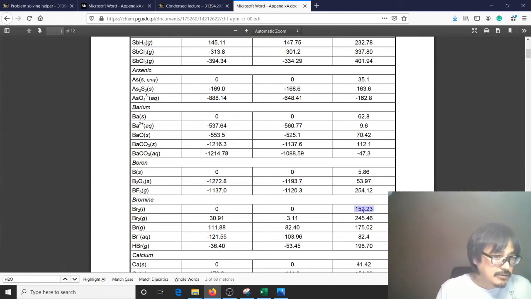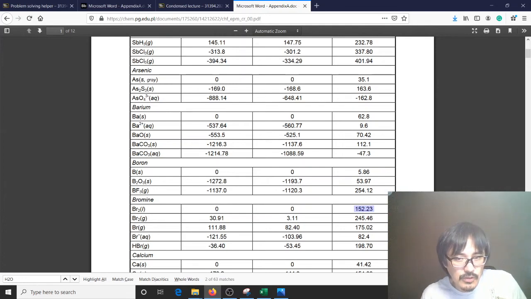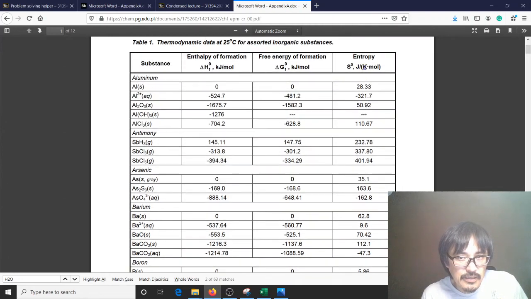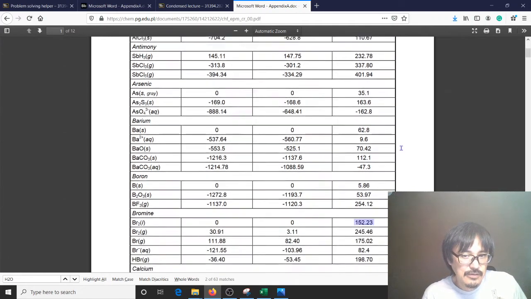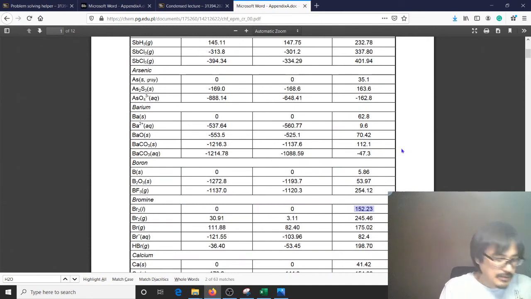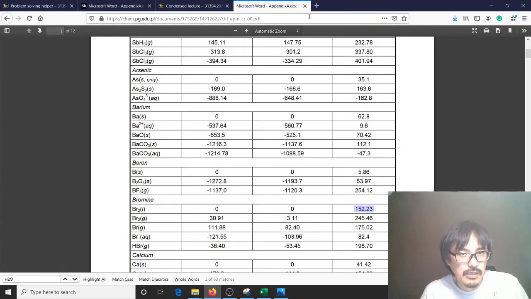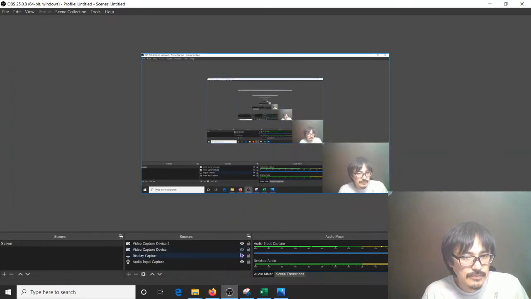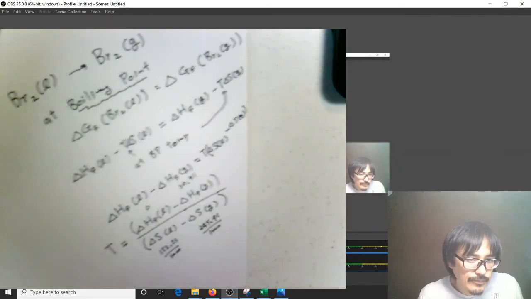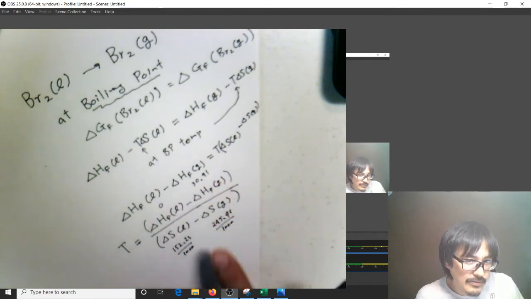The delta S for the liquid is 152.23. Note that this is in joules, so I have to divide this by 1000. And the delta S for the gas is 245.46. So this is pretty much all I have.